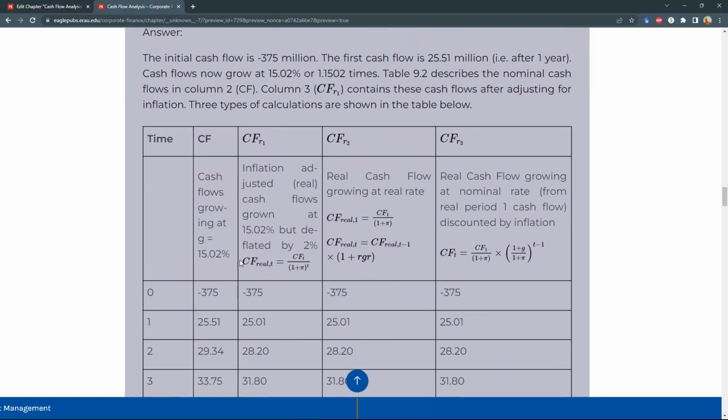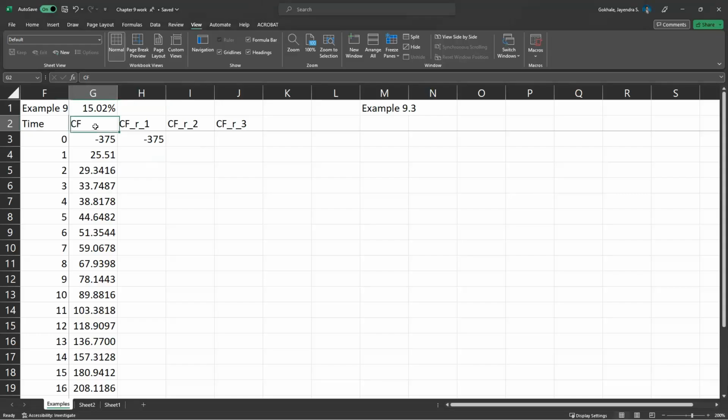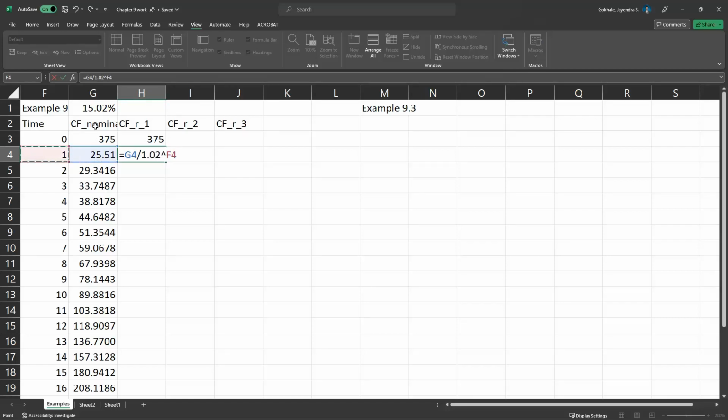And the method here is CF real T is CF T divided by 1 plus pi to the power T. So this is CF real first method, this is CF real second method, this is CF real third method. So we find out the real cash flows, and so we just say this is nominal cash flow. So equals this divided by 1.02, which is the inflation rate, to the power of 1.